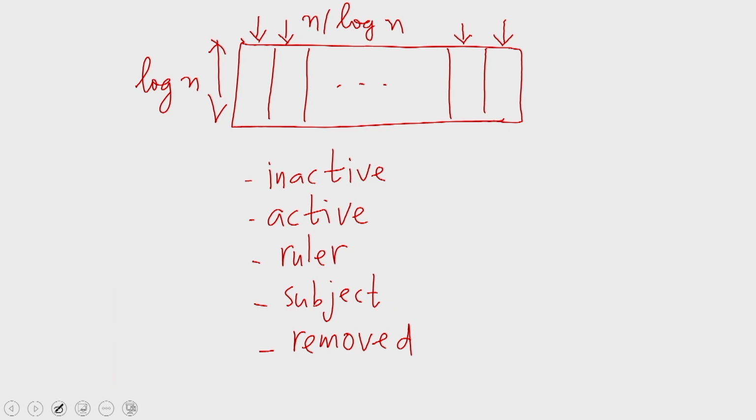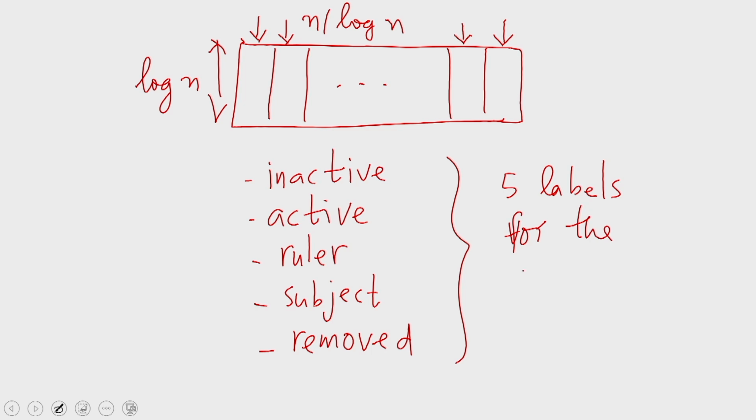So, these are the 5 possible labels for the vertices. Every vertex in the list can hold one of these 5 labels during the course of the algorithm.